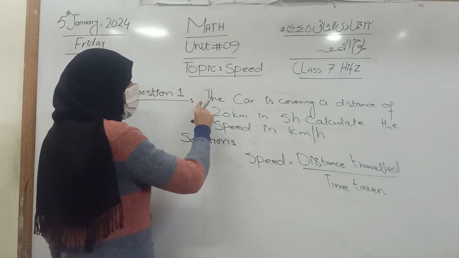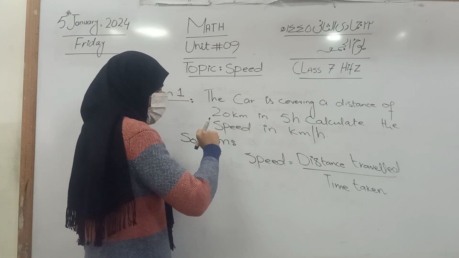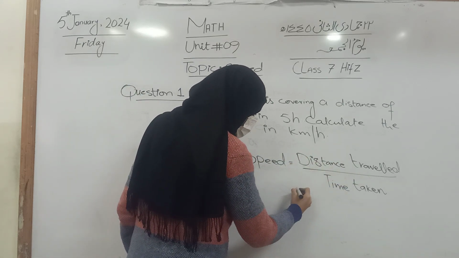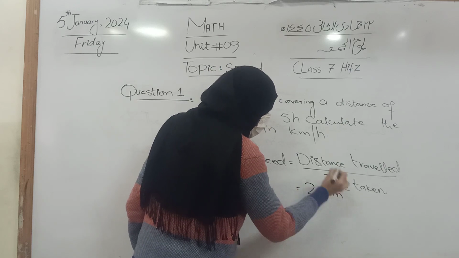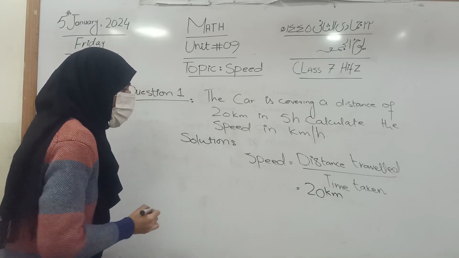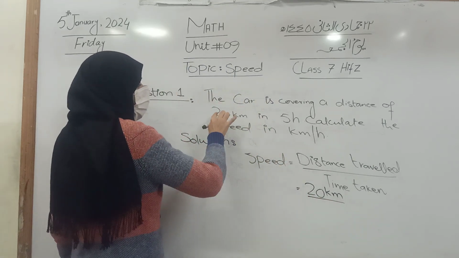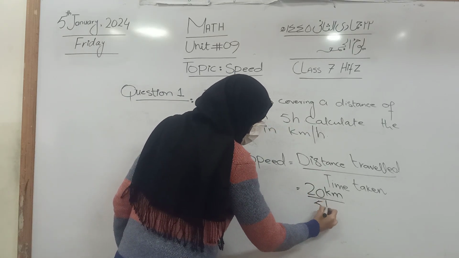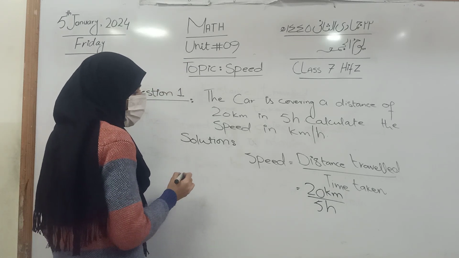Okay, please tell me, the car is covering a distance of 20 kilometers. It means the distance traveled is 20 kilometers, and the time taken is 5 hours. I have put all the values in the formula.